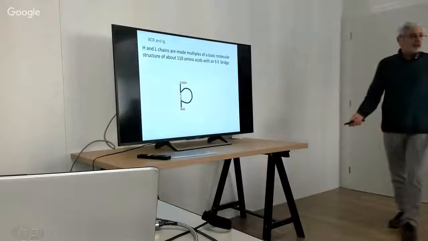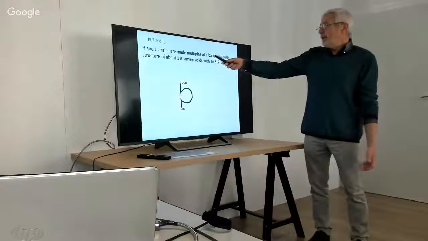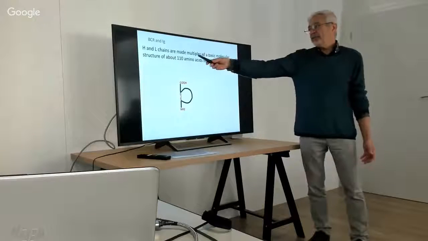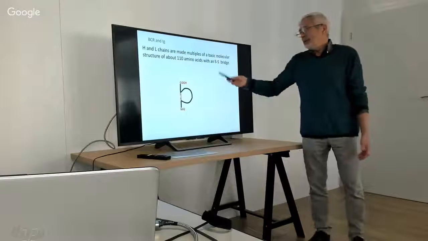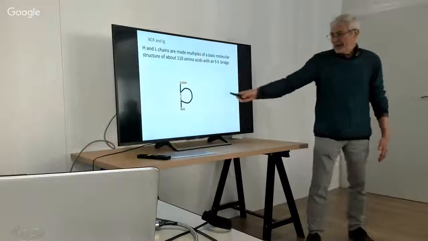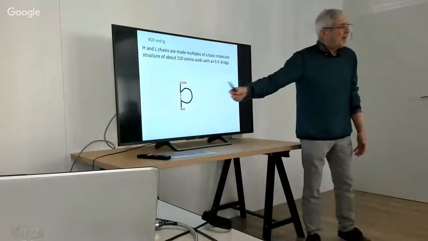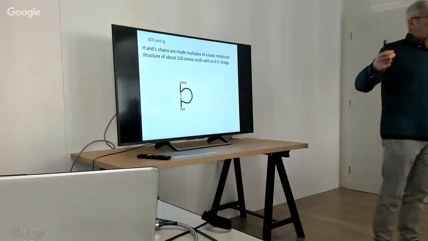Okay, this is just to repeat something we already saw. The heavy chains are made by multiples of the basic molecular structure of about 110 amino acids with a disulfide bridge. This is a basic brick by which many molecules of the immune system are made.